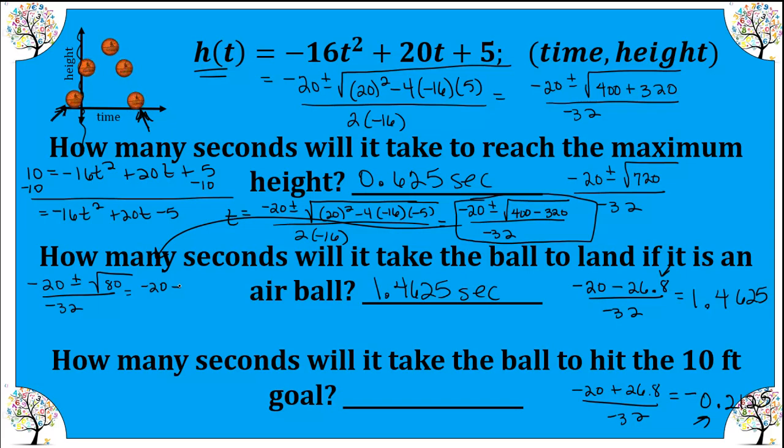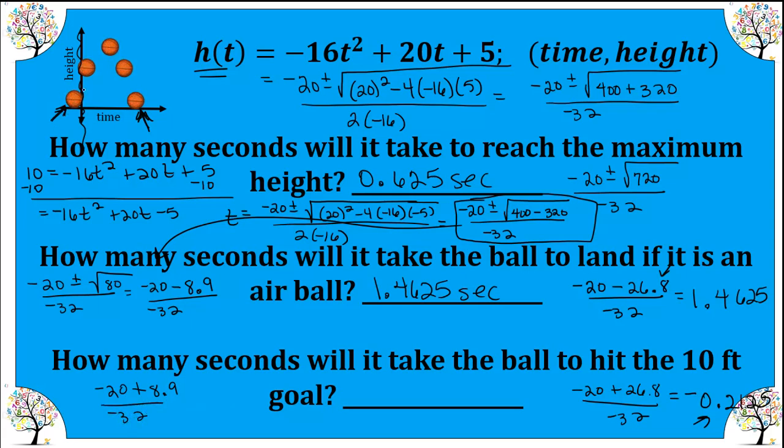And we get 8.944, so I'm going to just say 8.9. So negative 20 minus 8.9 over negative 32. We also have negative 20 plus 8.9 over negative 32.